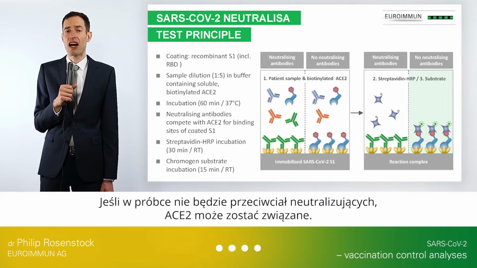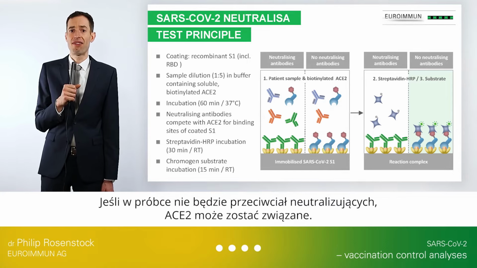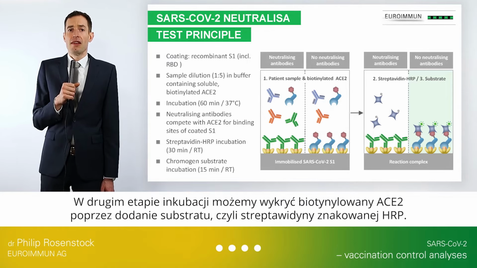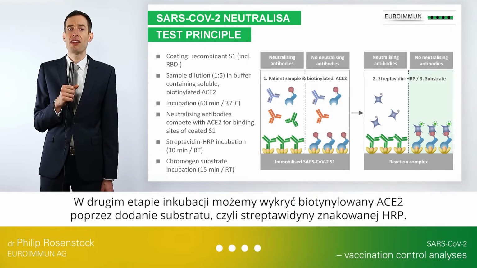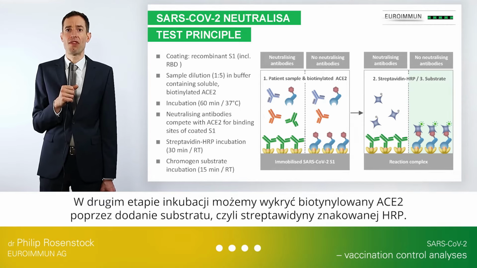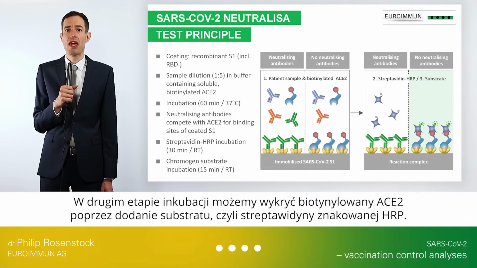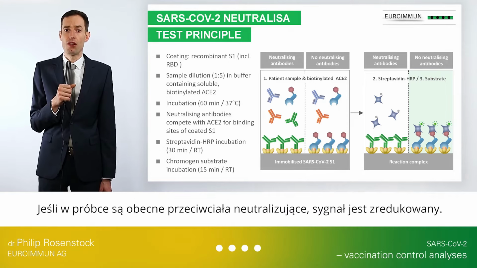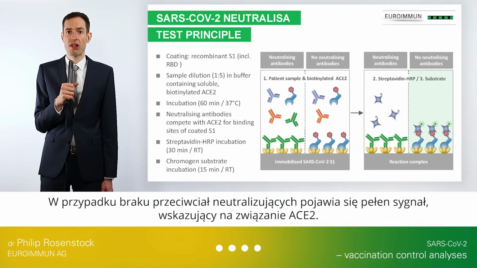In case there are no antibodies against the RBD, ACE2 can still bind. This ACE2 is biotinylated, and in a secondary reaction, you can detect this biotinylation via our substrate, which is a streptavidin labeled with HRP. That means in case you have neutralizing antibodies, the signal is reduced, while in case you have no neutralizing antibodies, you have a full signal indicating the ACE2 binding.